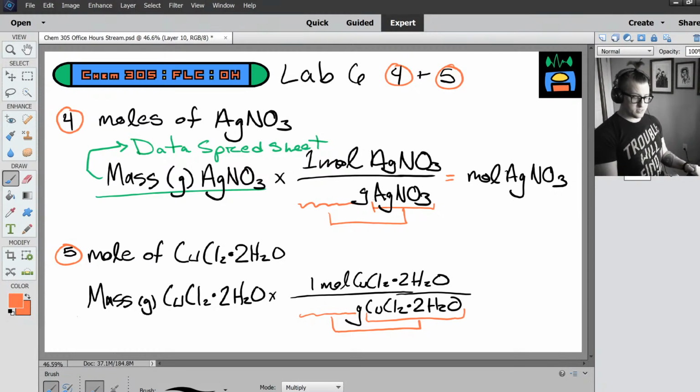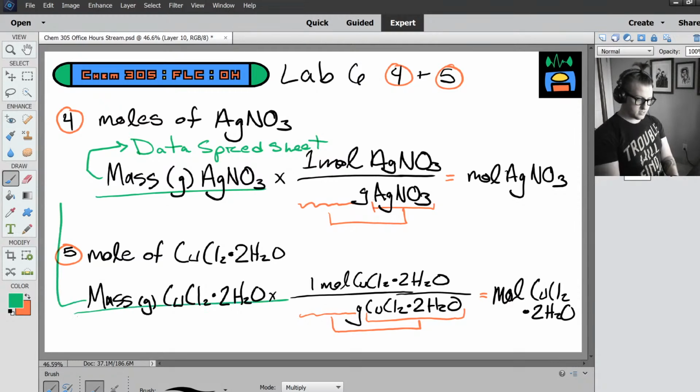How many grams of this molecule are in 1 mole? And remember, it's 1 copper, 2 chloride atoms, and then 2 water molecules. You include that in the molecular mass. And this will equal moles of copper 2 chloride dihydrate. And again, you get this mass from the data spreadsheet that was posted.